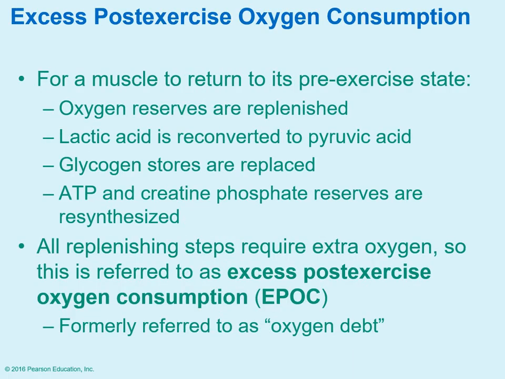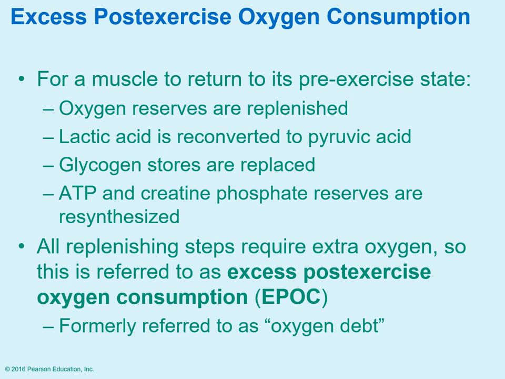For a muscle to return to its pre-exercise state, you have got to restore the oxygen reserves. You've got to get that lactic acid reconverted back to pyruvic acid. Glycogen, which is a storage form of glucose, has got to be replaced. You need to replace the free ATP and the creatine phosphate.